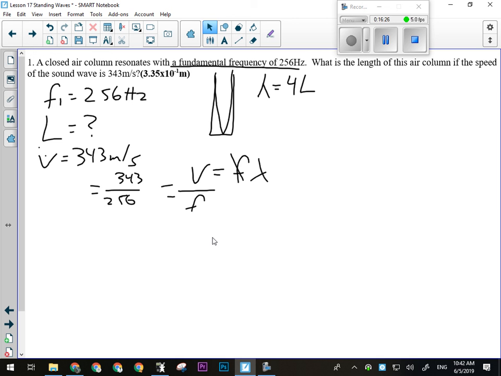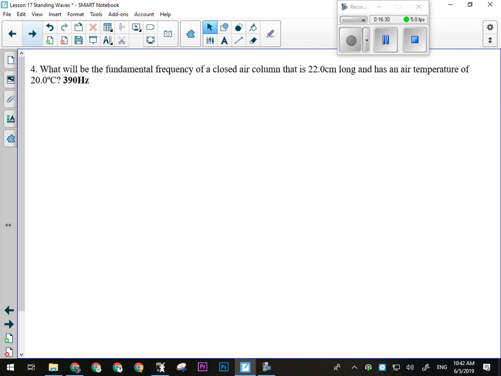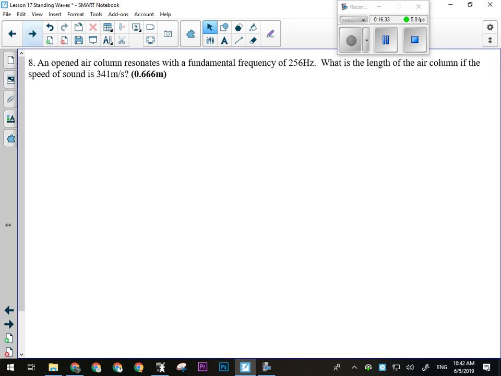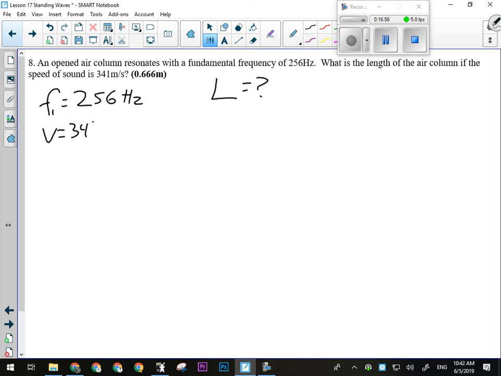Now, I'm going to do an open air column question as well, just so you've seen one of those. For this one, we have an open air column resonating with a fundamental frequency of 256 hertz. Same as the last one, except this time it's open. We're looking for the length of the air column, if the speed of sound is 341 meters per second.